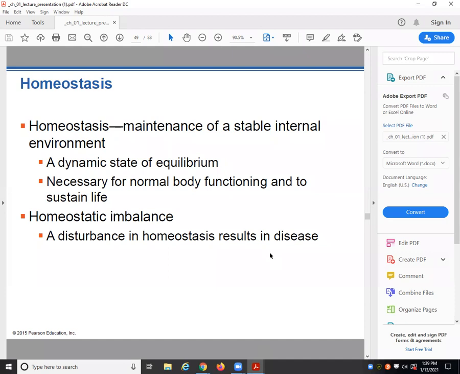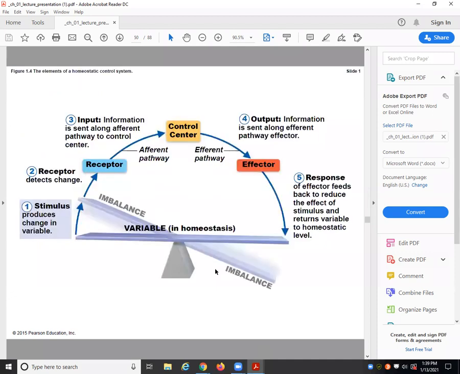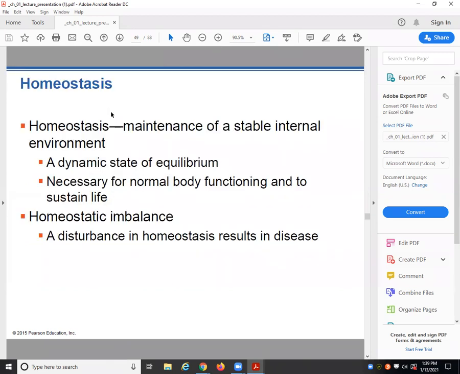Like things are always sort of changing, but the overall state needs to be equilibrium. It's necessary for normal body functioning and to sustain life. So homeostatic imbalance just means you get a disturbance in your homeostasis, and that leads to some sort of disease.